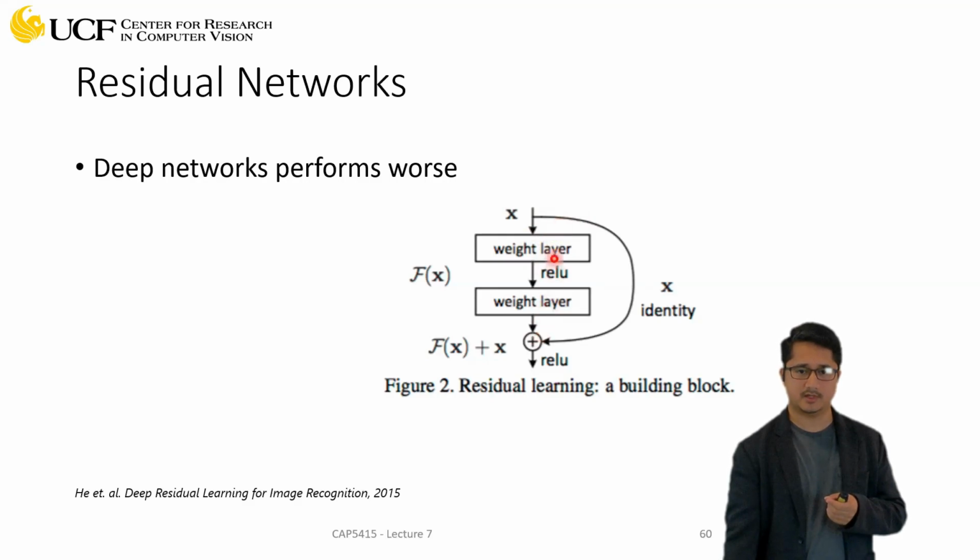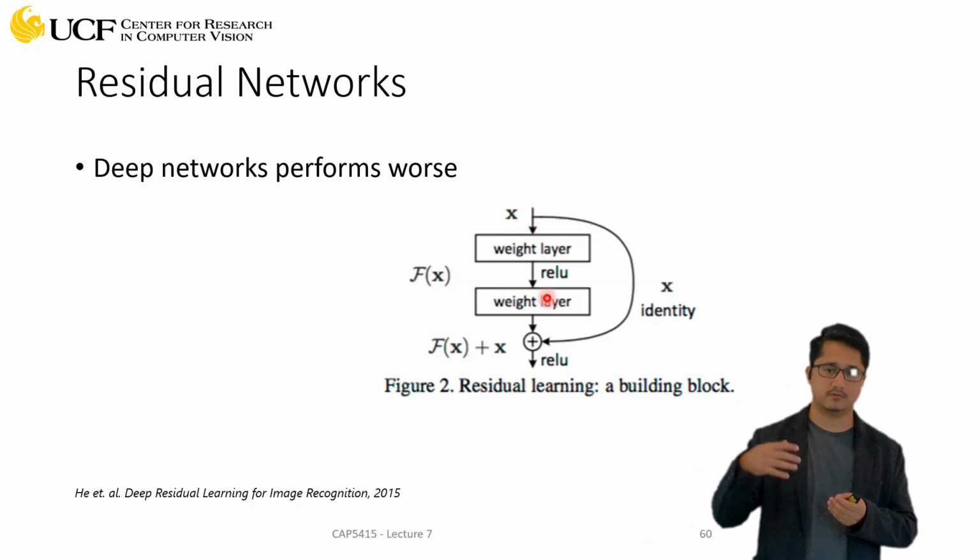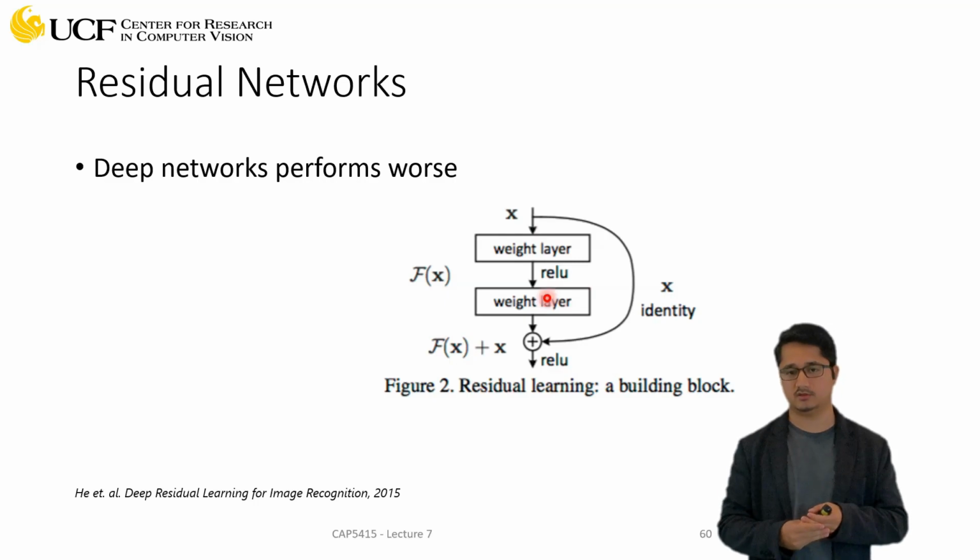Even if the gradient becomes very small here, you still keep this gradient, which was not small. So this shortcut ensures the gradient value is not close to zero; it will have some magnitude. Then the issue of vanishing gradient is resolved.